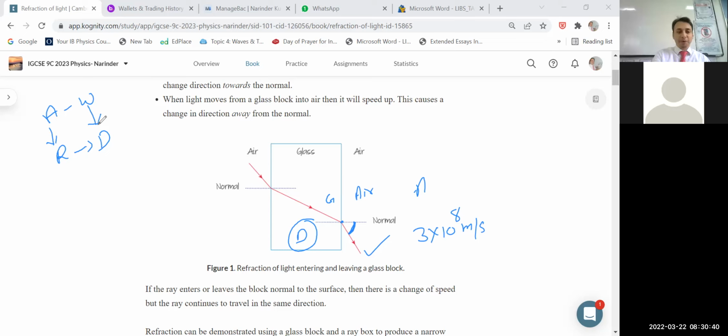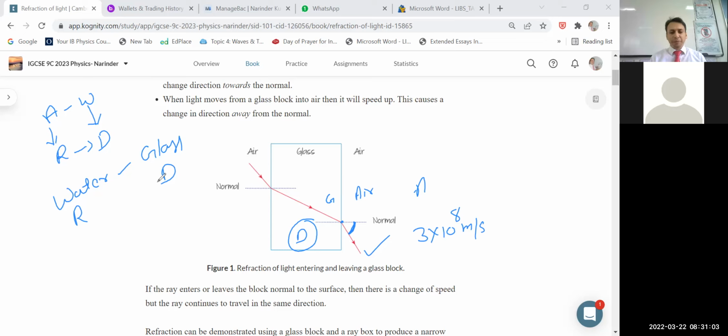If you take the example of water and glass, water will be considered the rare medium, glass the denser medium, because there is a difference in the optical density of the two materials.